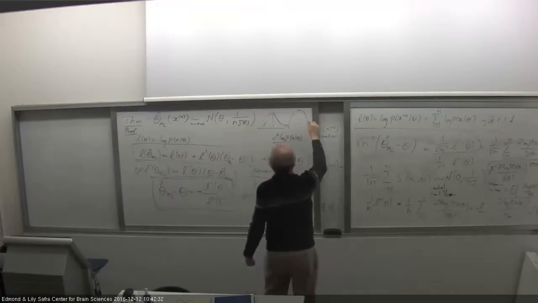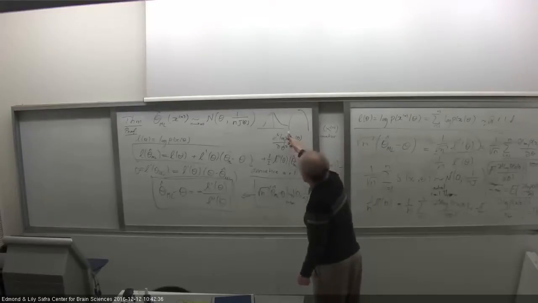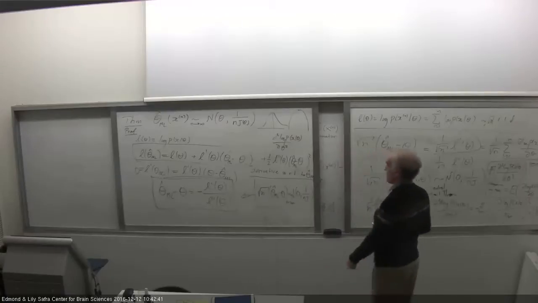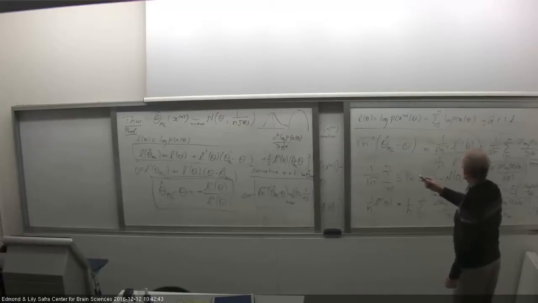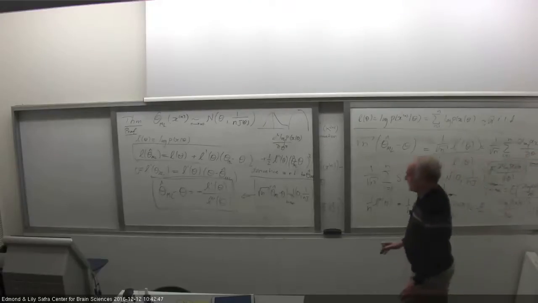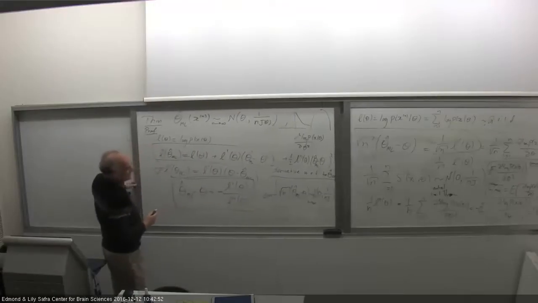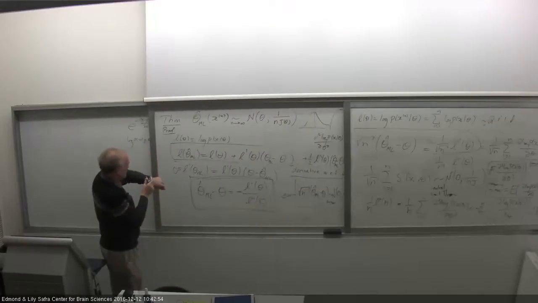One is that the Hessian matrix, the expectation of the second derivative of the log, is with a minus sign. And then this second derivative of the log is precisely the Fisher information. Okay, so putting all of this together proves the theorem. That took me too much time, but that's exactly it.